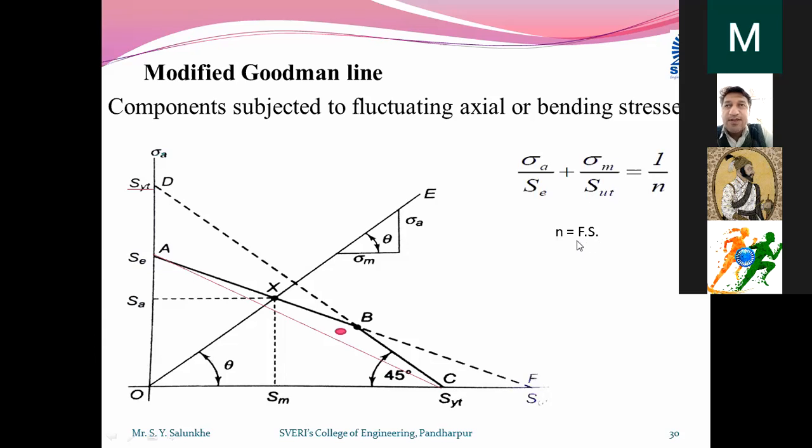This 1 over n is nothing but the factor of safety. When we consider the factor of safety for fluctuating type of stresses, this Goodman diagram will help us select this factor of safety, and he has mentioned it in a mathematical formula.